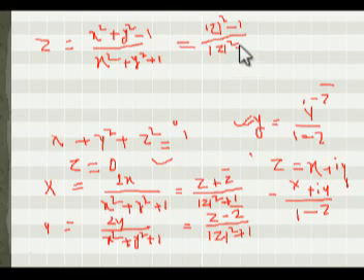Now we find out that except the vertex of the unit sphere, every point has a projection on the complex plane, because you can see that z cannot be equal to 1. So at the vertex of the unit sphere, V, there is no projection on the complex plane.